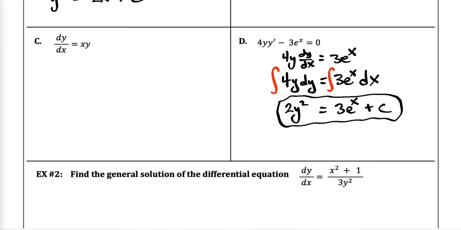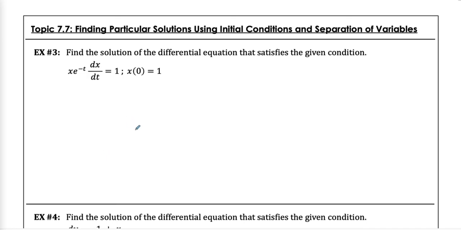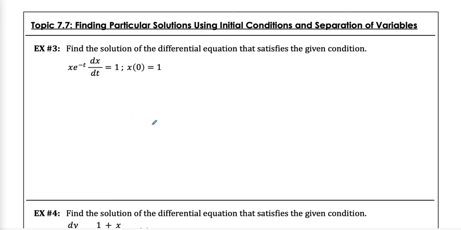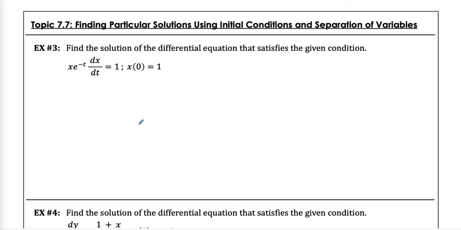Okay, I feel like we can go on to the next page. And I think we should do at least one of these. It is kind of weird that this section only has 2 pages in the notes, where most of the time our notes are 5, 6, 7, 8 pages long.